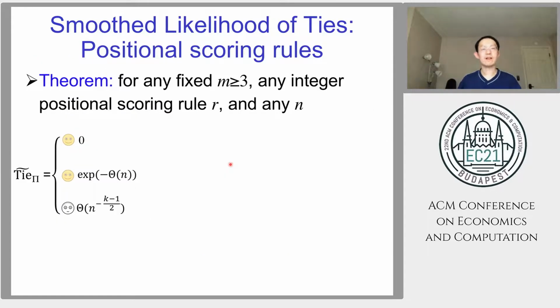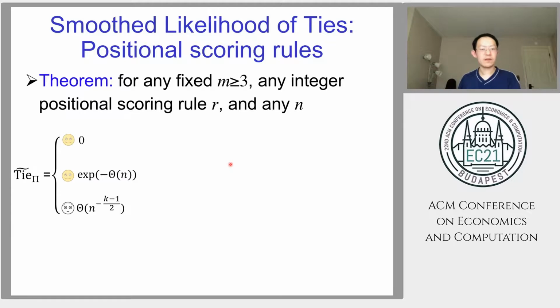Here's the statement of our result for positional scoring rules. It says that for any fixed number of alternatives m, any integer positional scoring rule R, like plurality and Borda, that gives points to every alternative in the rankings depending on their locations, and any number of agents, the smooth likelihood of ties falls into one of the following 3 cases.